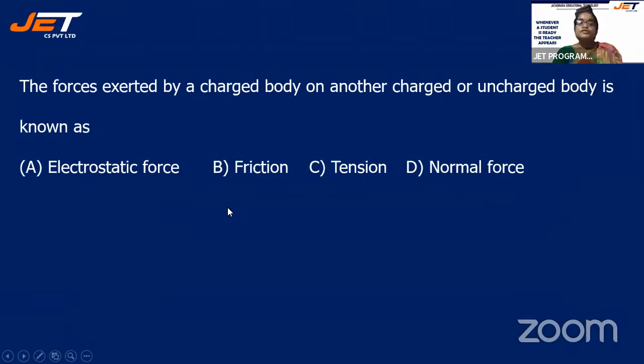Yes. The forces exerted by a charged body on another charged or uncharged body is known as electrostatic force. That is option A, which is between two charges or charged or uncharged body.